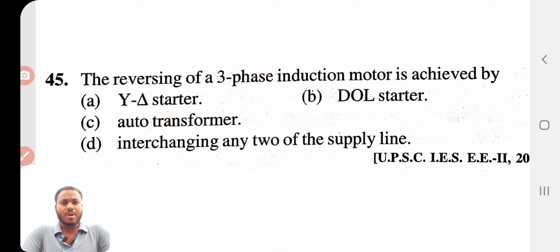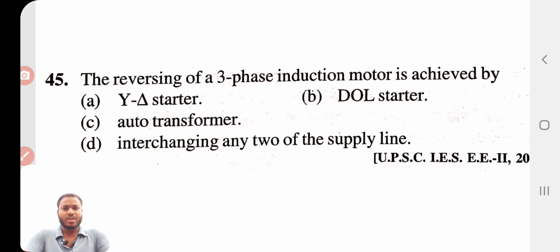Next question: the reversing of a three-phase induction motor is achieved by what? This question is also important basically for the junior engineering examination. This question is a favorite. So how can the induction motor be reversed?